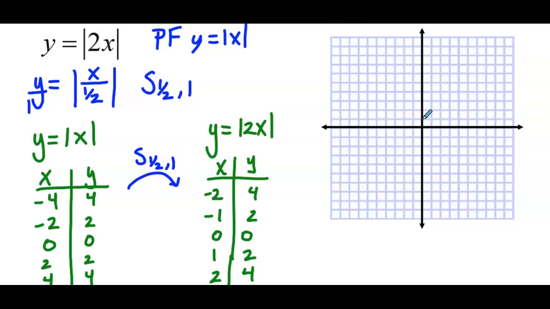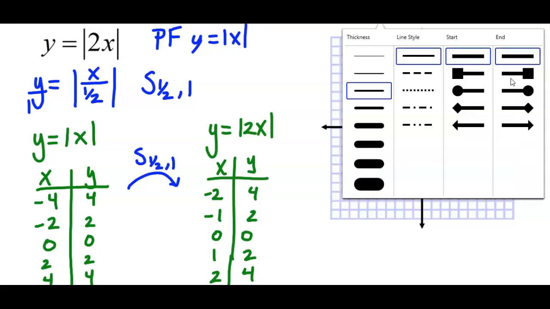So we have -2, 1, 2, 3, 1, 2, 3, 4, -1, 2, 0, 0, 1, 2, 2, 4. Use the line tool so we have nice lines here.